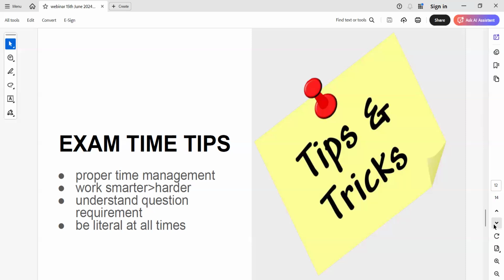Understand question requirement is something which I already tell my kids. Majority of the times, the key for finding your answer lies in the question itself. So make sure you read the question and understand what exactly is asked of you. Last but not least, be literal at all times. It has been observed that whenever my kids are stuck between two choices, it's always the choice of words which makes the difference.